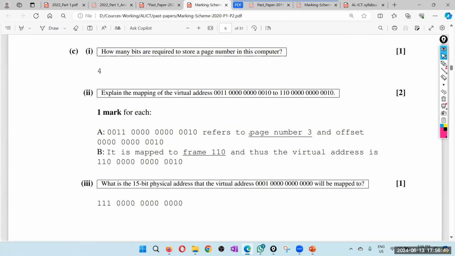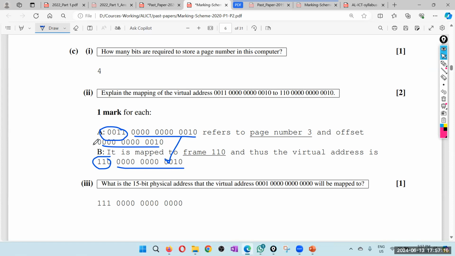Right, you can see it refers to the page number 3, and the offset is this. It is mapped to frame number 110 from the table. So therefore, it is 110, and the offset is just copied. Just copied. So therefore, the physical address is this.